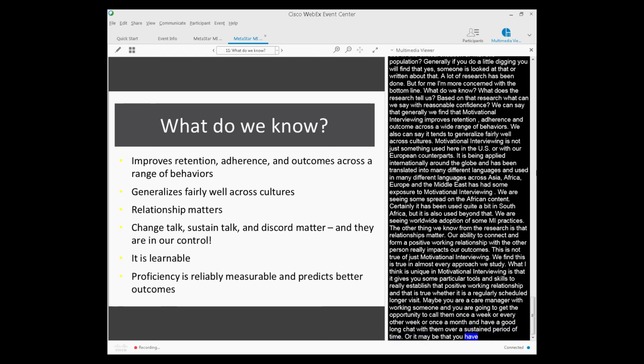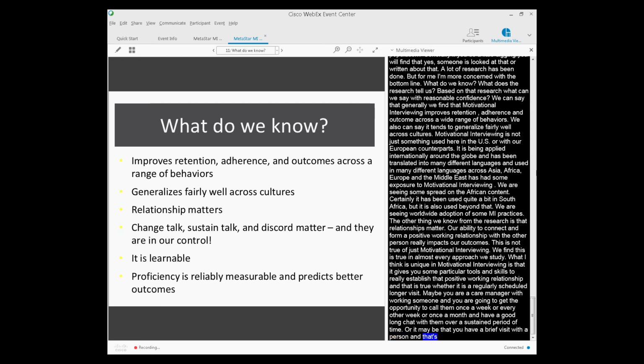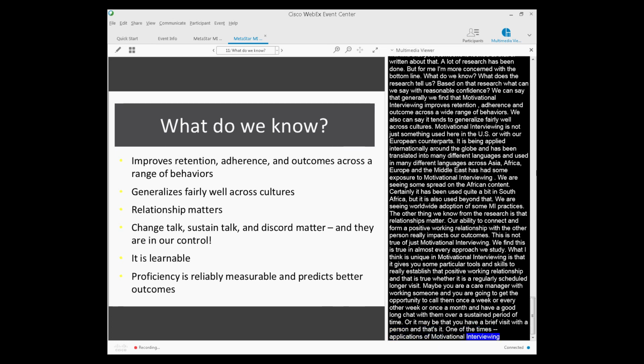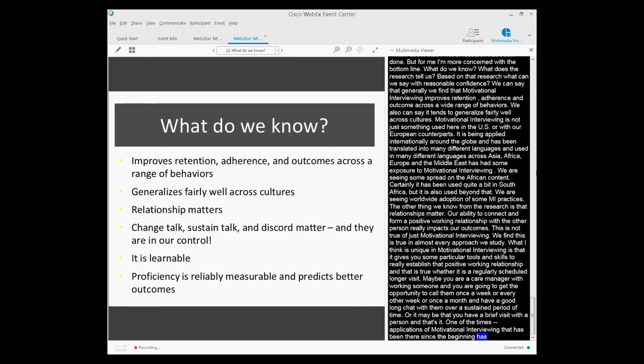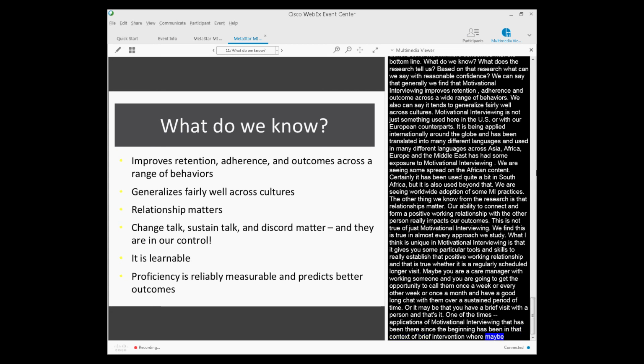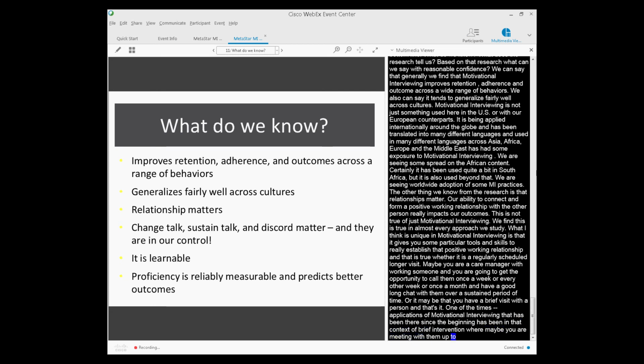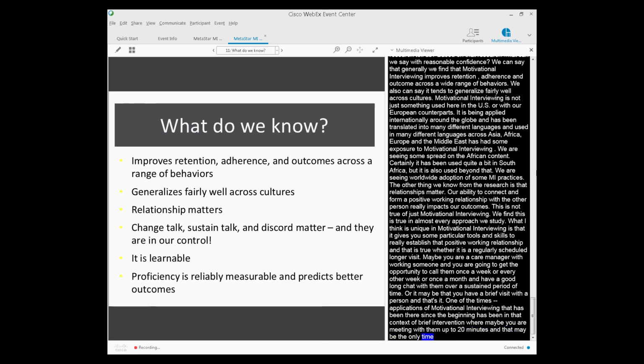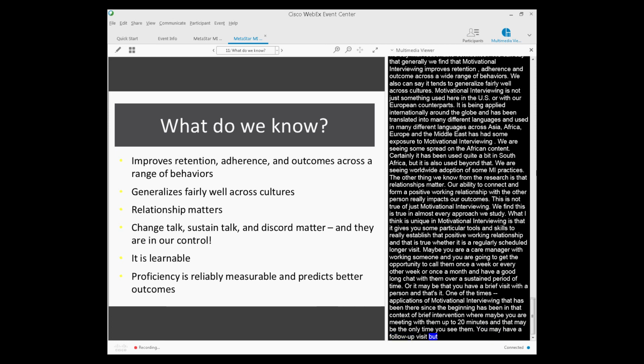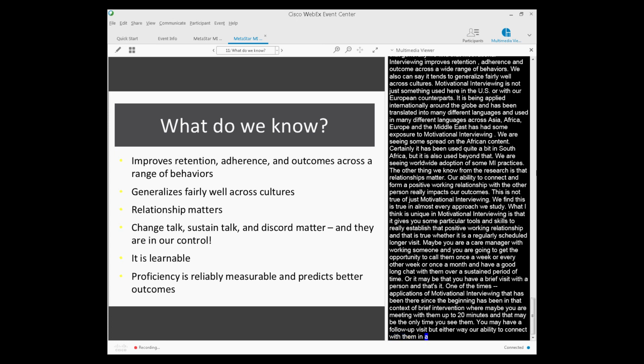One of the applications of motivational interviewing that has been there since the beginning has been in that context of brief intervention, where maybe you're meeting with them 7, 15, 20 minutes, and that may be the only time you see them. You may have a follow-up visit, but either way, our ability to connect with them in a positive relationship really can impact outcomes.